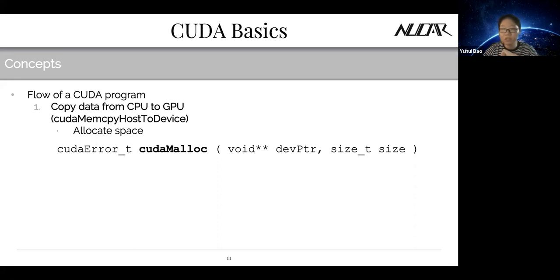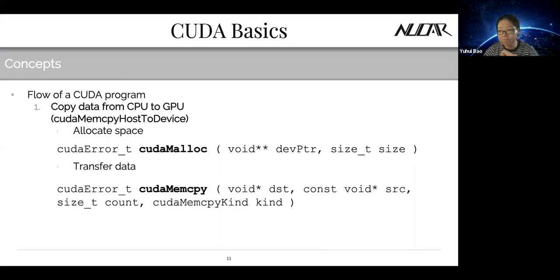Then this API will do the allocation and return the address to the pointer. So after that, you have the pointer of the allocated memory on the GPU.